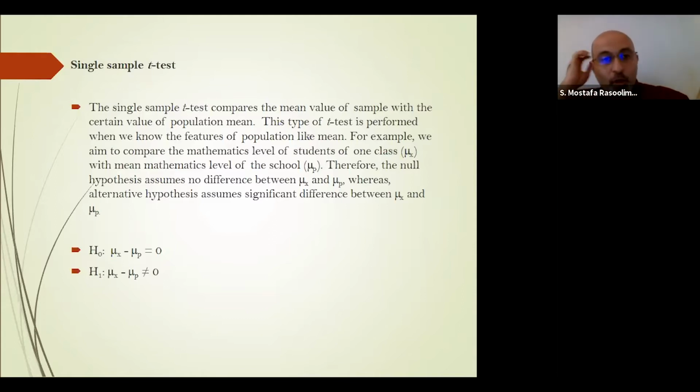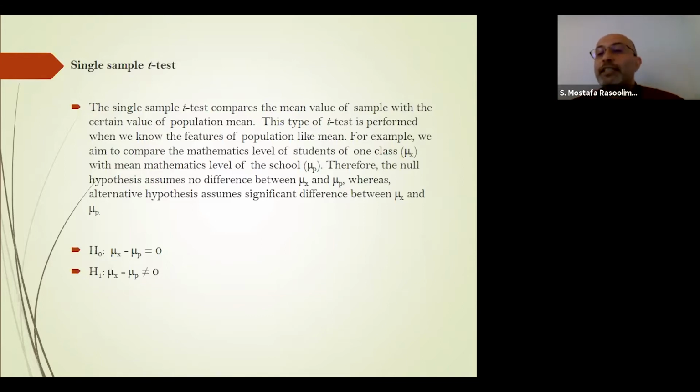So for this one sample t-test, for this case, the null hypothesis is there is not any significant difference between the score of this class A and the average of the school score, right? So this is the null hypothesis. The null hypothesis is always the non-existence of a difference between two groups.